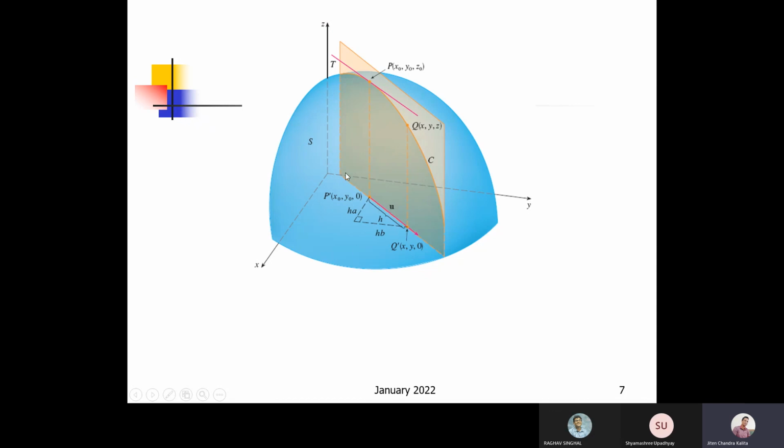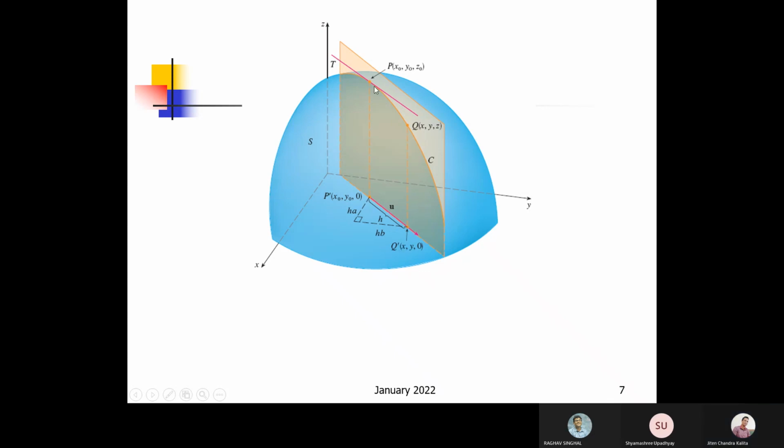We have considered an arbitrary direction, and along that direction a unit vector u cap. I have a fixed point p prime here, and I am taking a neighboring point q prime, which I am calling x, y, 0. If this length is h, then this is going to be ha and this is going to be hb. I have already explained it to you, right?